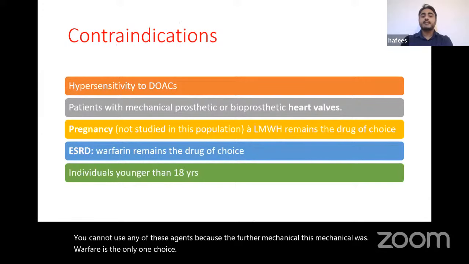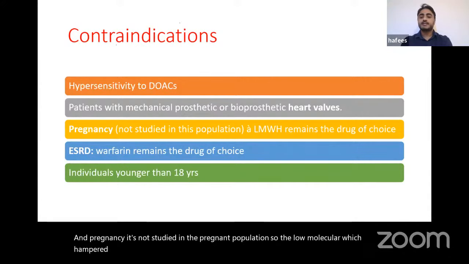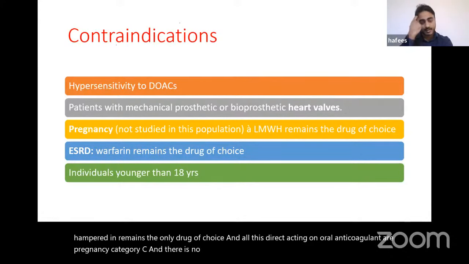And pregnancy, it's not studied in the pregnant population. So low molecular weight heparin remains the only drug of choice. All these direct acting oral anticoagulants are pregnancy category C, and there are no extensive studies in the human population.